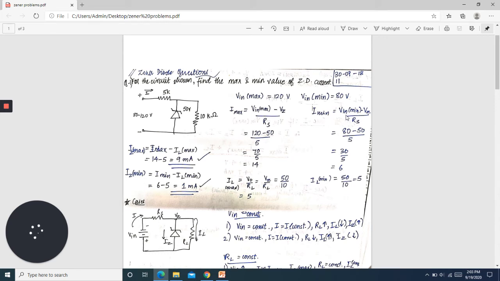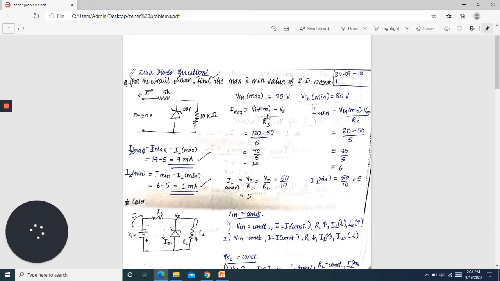So I minimum is equal to Vin minimum, that is 80, minus Vz, the other node of this resistance, upon Rs. So Vin minimum minus Vz upon Rs will give me the value of I minimum.